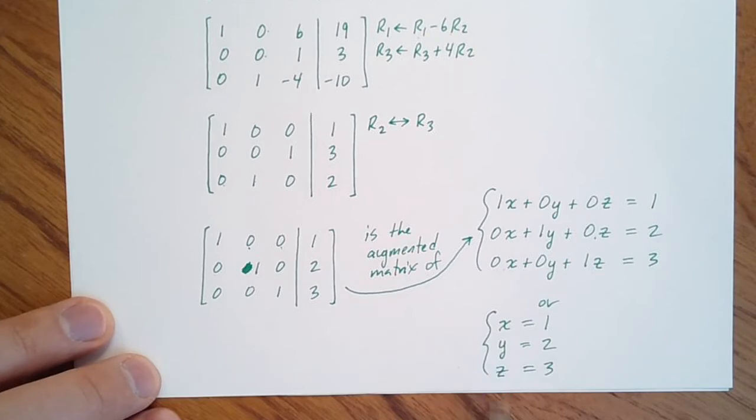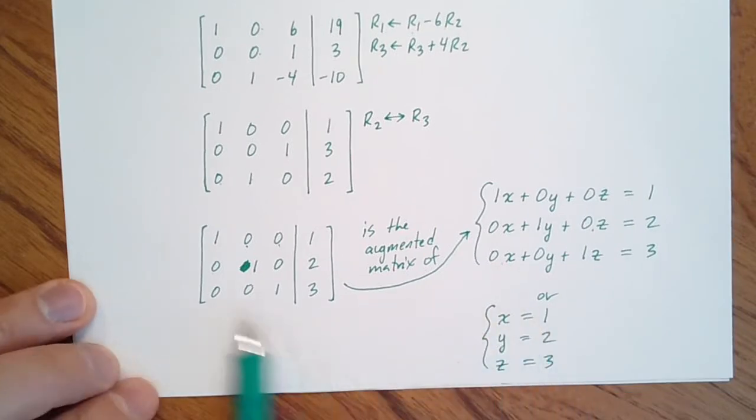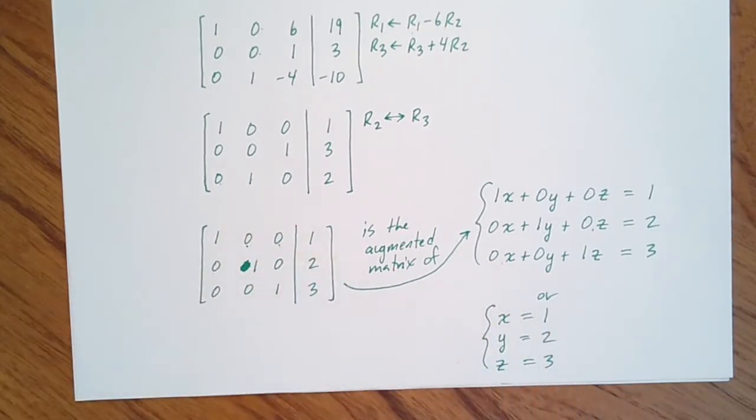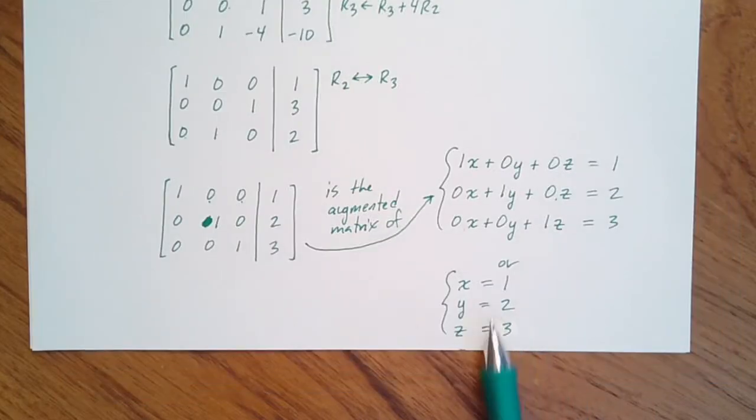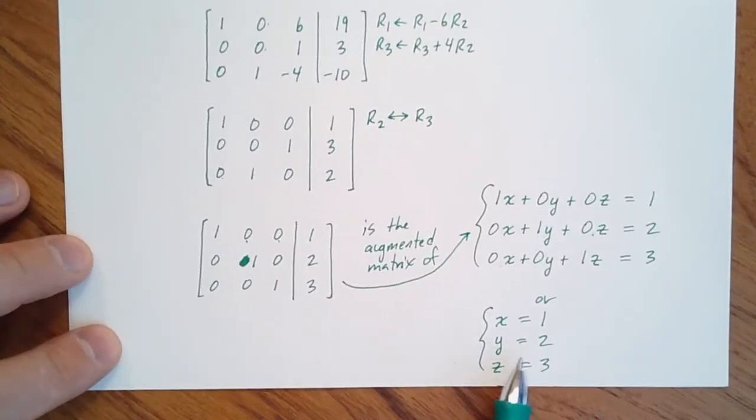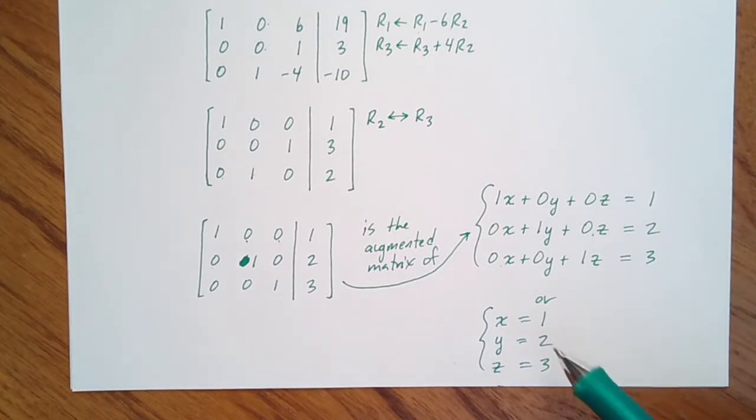So this is actually the system of equations that corresponds to this augmented matrix. And this system of equations, there's something nice about it. There's no work to be done. It's immediately solved. The solution to this system of equations is right in your face, right? It's almost as if this system of equations is just literally telling you what its solution is by the way it was written down. And that's exactly true.